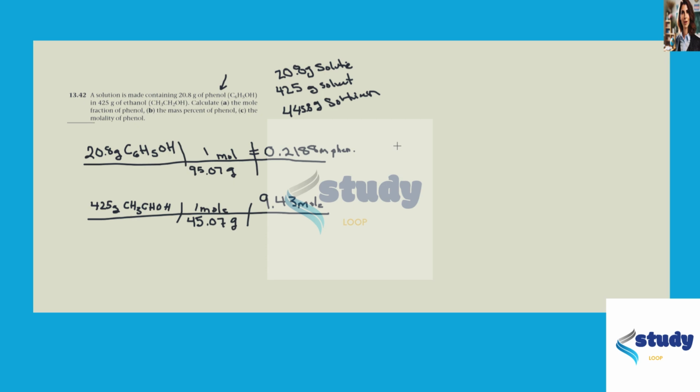And how do we get a fraction? The mole fraction is always chi. We know that the fraction of phenol plus the fraction of our ethanol will equal 1. And that's something we tend to use more for gases.